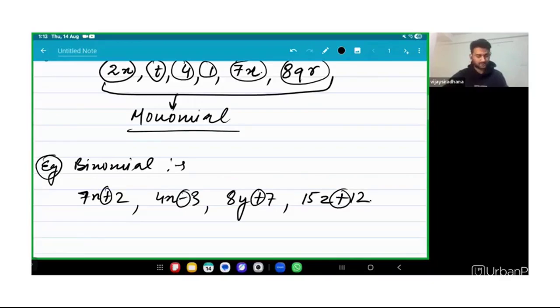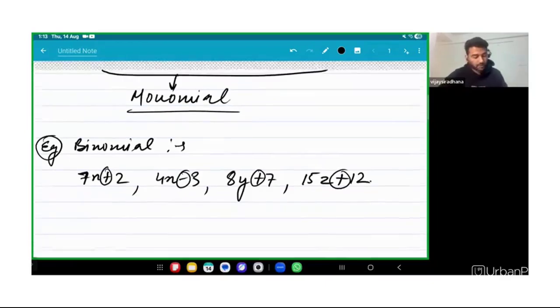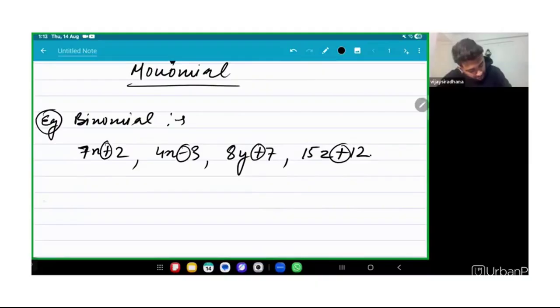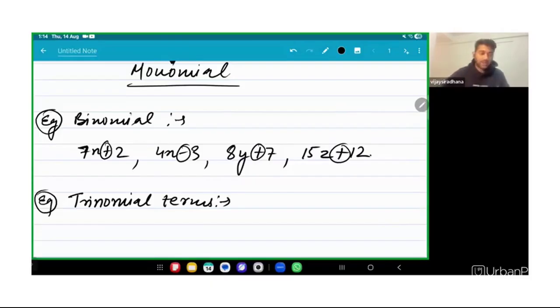Then what about the trinomial terms? In trinomial terms, obviously, there should be two operations.